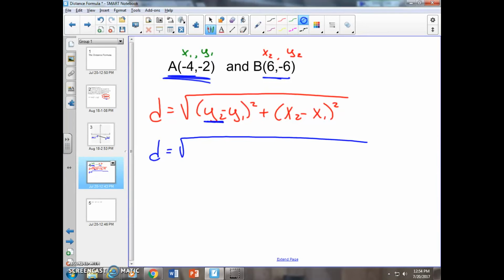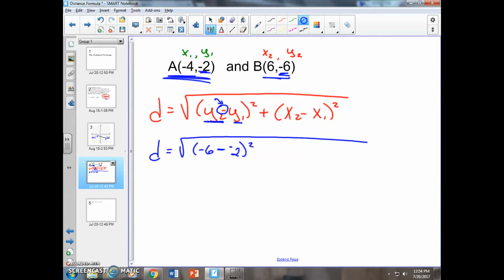The second value of y is -6. So we're going to open parentheses, put in a -6, and then we're going to put the minus sign because that's part of the formula. Now, if the other value of y is negative, well, so be it. There is still a negative sign in between the two variables. So -6 minus, and then we subtract the first value of y, which is -2.